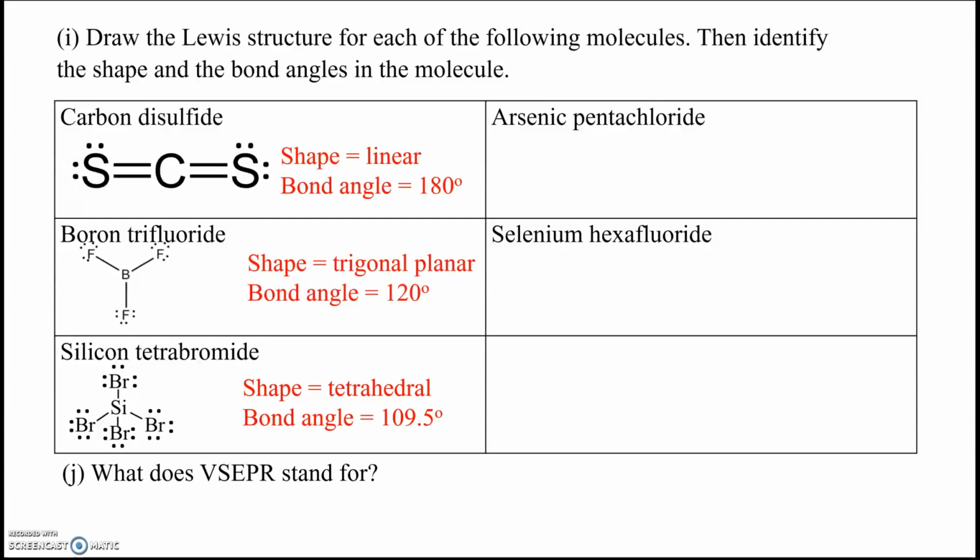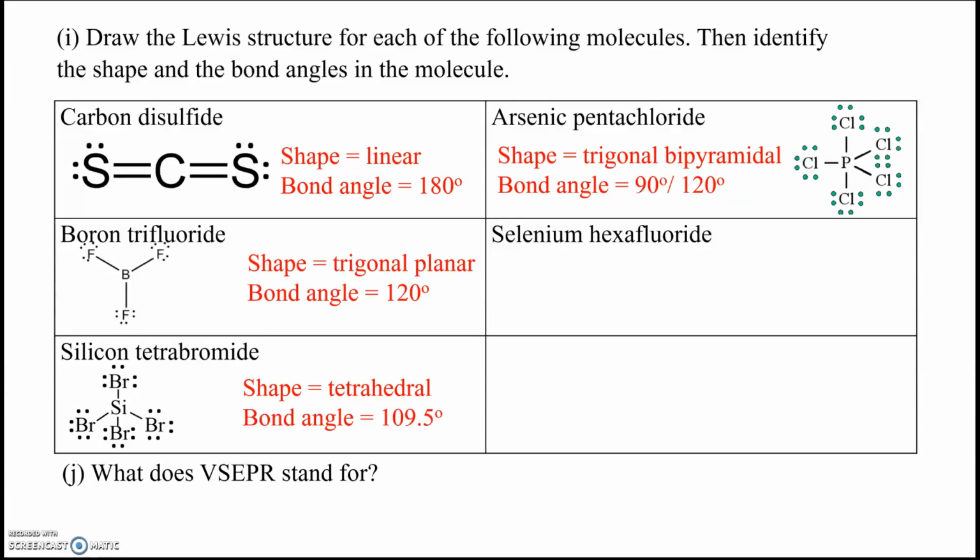A couple more. When we look at arsenic pentachloride, we see, hey, this is something we've seen before. This looks a lot like the phosphorus. This is in fact phosphorus pentachloride in the model, but arsenic pentachloride would be exactly the same shape. The shape would be trigonal bipyramidal.